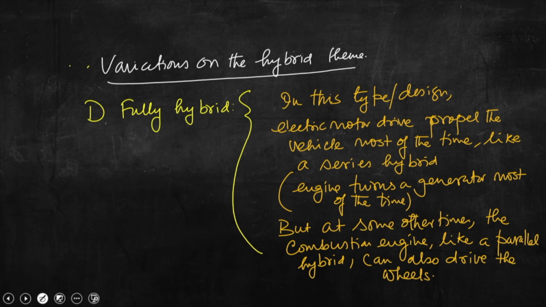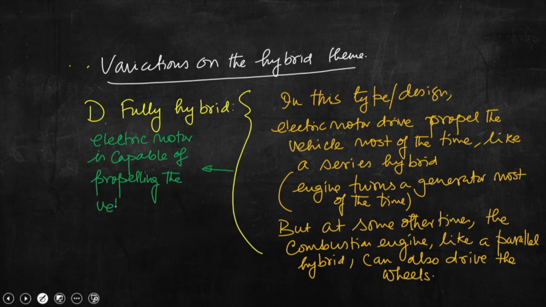What we can understand from this is very important, that I wanted to write and then could not complete. In this type, the electric motor is capable of moving or propelling the vehicle by itself, even if it is for a shorter distance.